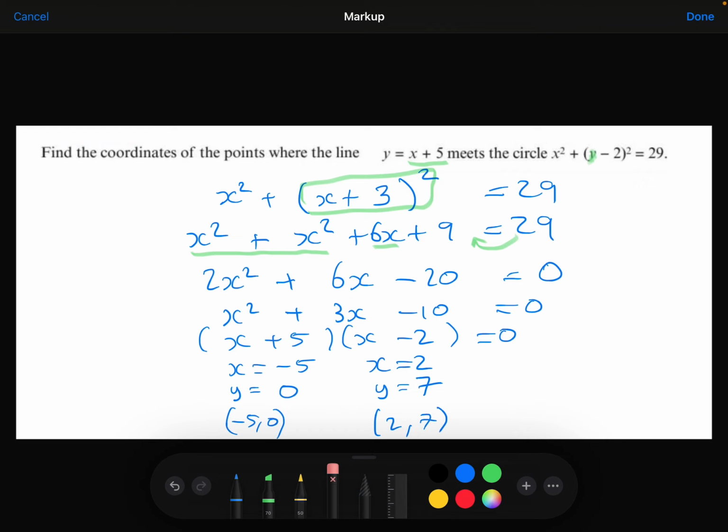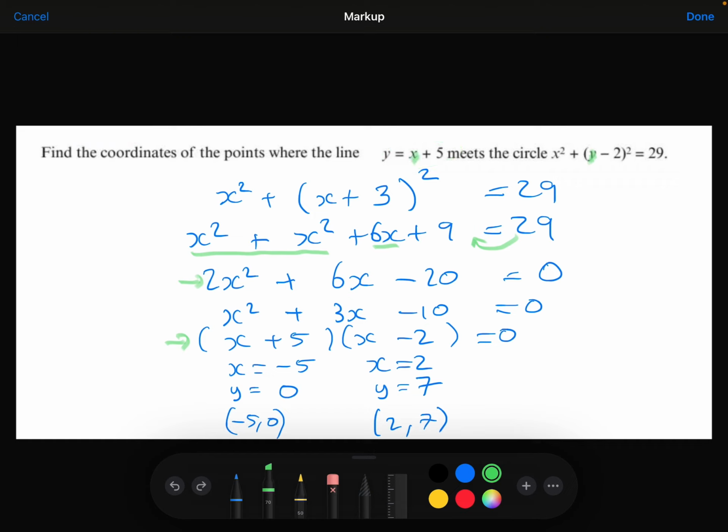Then, to solve this quadratic, I noticed that I could divide all of these terms by 2. So the 2x squared became x squared, the 6x became 3x, the minus 20 became minus 10. I factorised, and I found then that x is either minus 5 or x is 2. I've then taken those values and substituted them back into the original expression here to work out the y values.